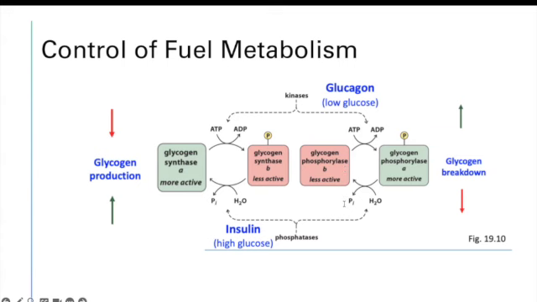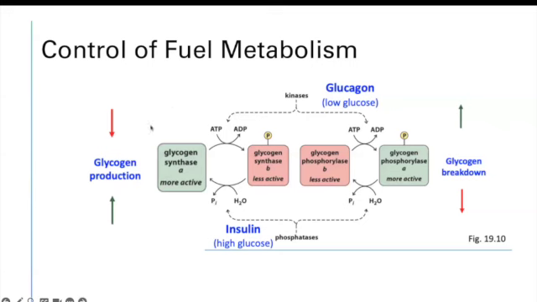Increased insulin also stimulates addition of GLUT4 transporters, so transporters that are responsible for uptake of glucose into the cells. So we have high glucose, we have insulin. Insulin activates phosphatases. That phosphatase dephosphorylates glycogen phosphorylase A, which then turns into its inactive state, glycogen phosphorylase B, because we do not want to break down glycogen.